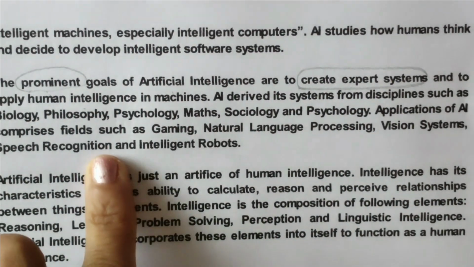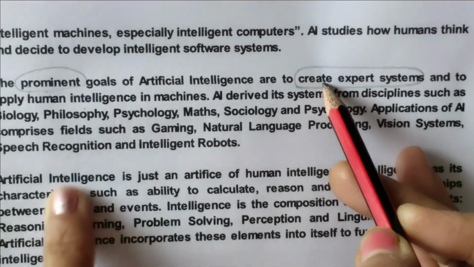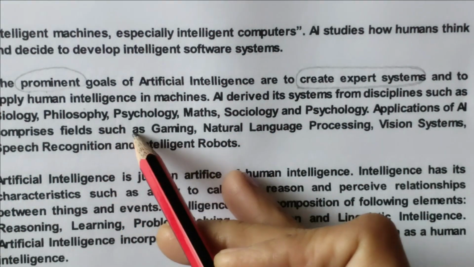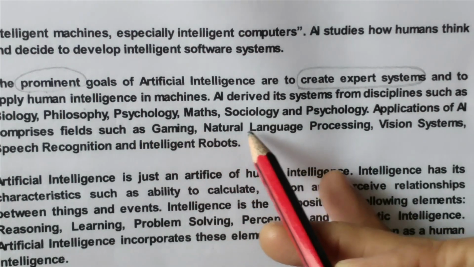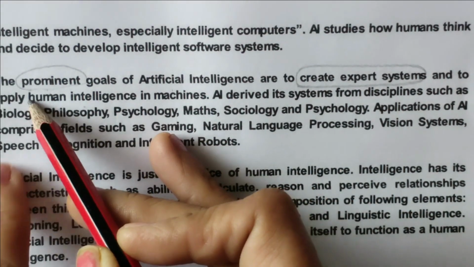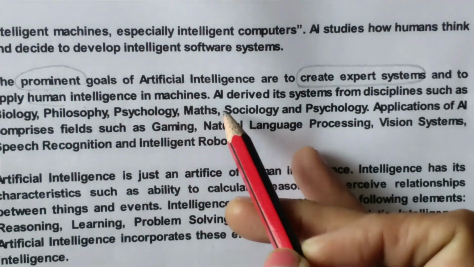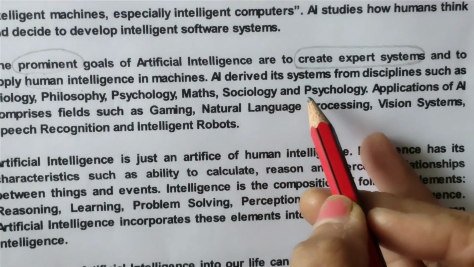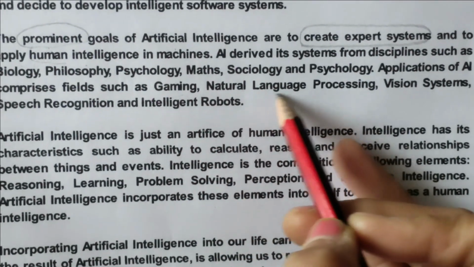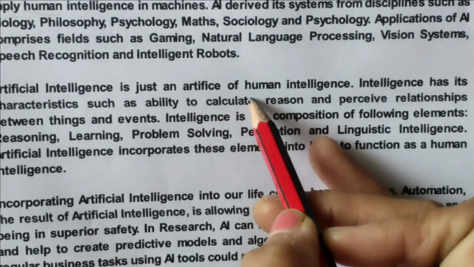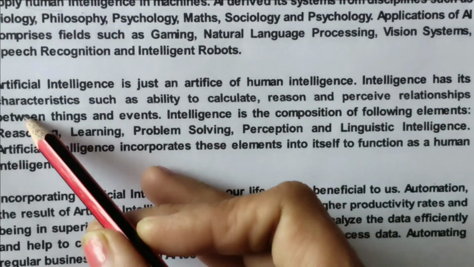So here in this paragraph we have found this previous question. Human intelligence is there, so to apply human intelligence in machine, but we are looking for human feelings and emotions. Intelligence has its characteristic.